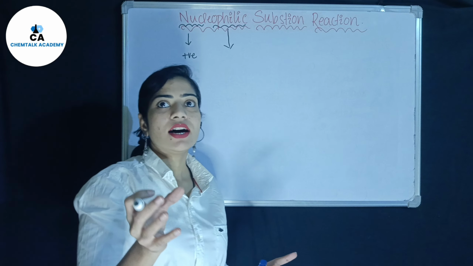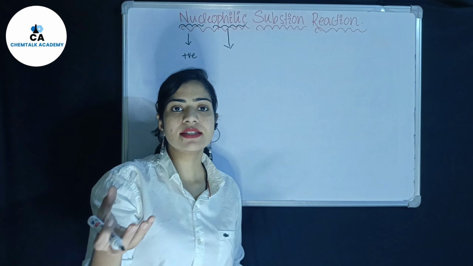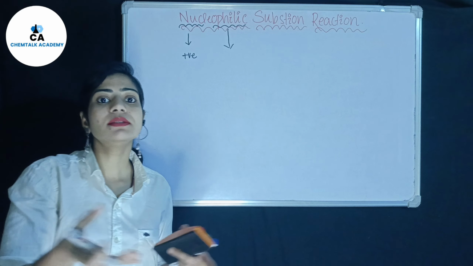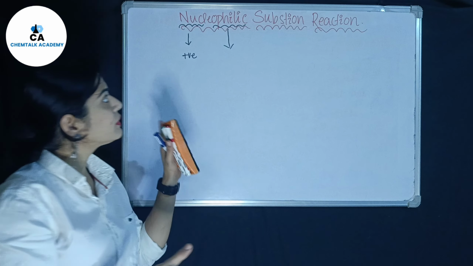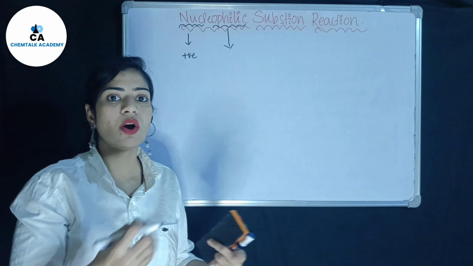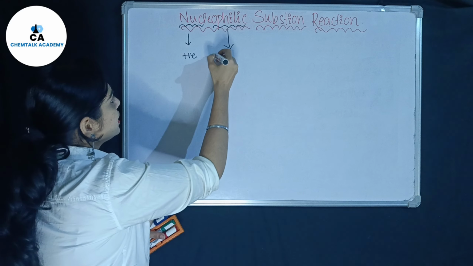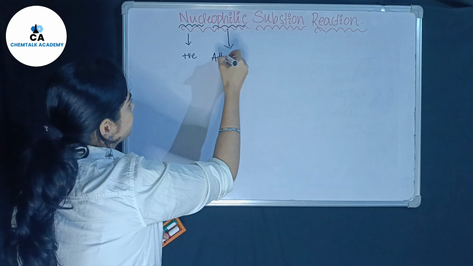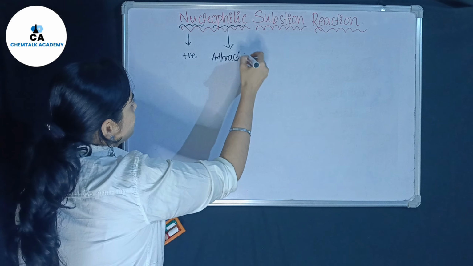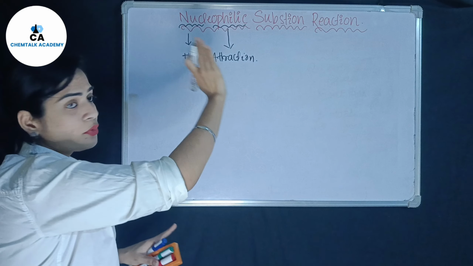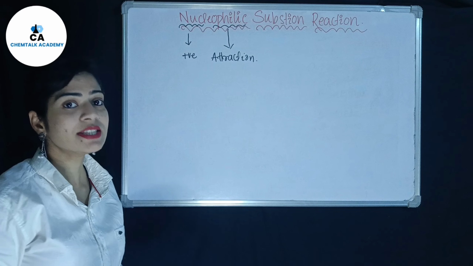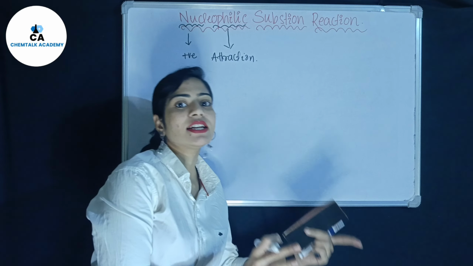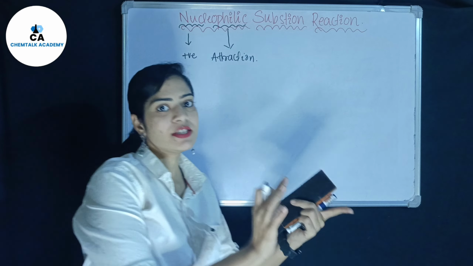You have seen it somewhere in hydrophilic, which means water loving. Similarly, philic means loving or attraction. So nucleophilic means positive attraction, a species that is attracted towards a positively charged species.